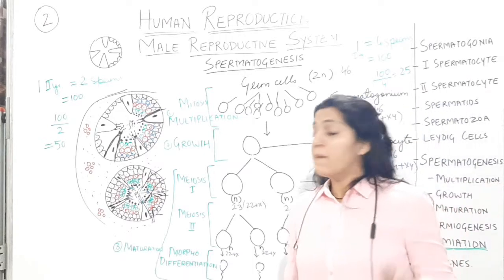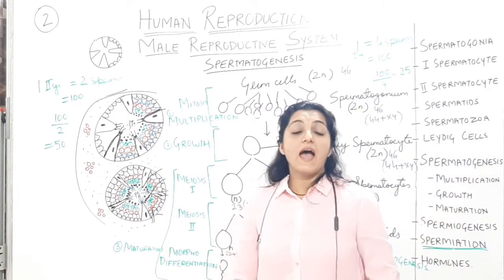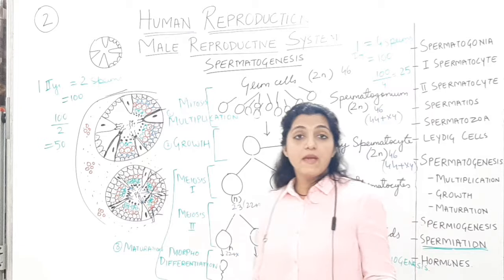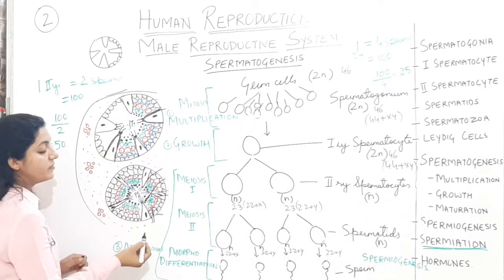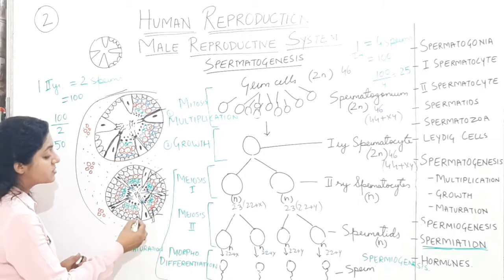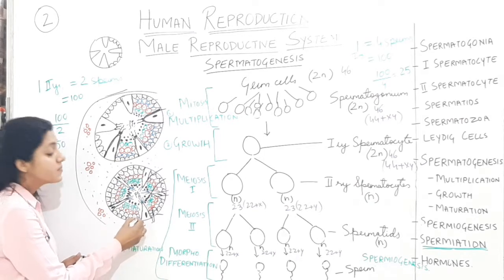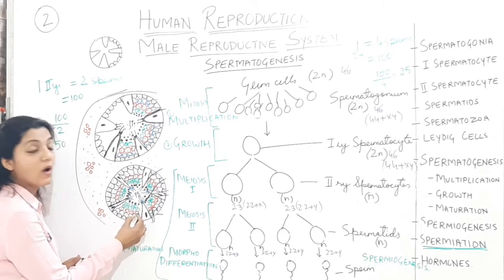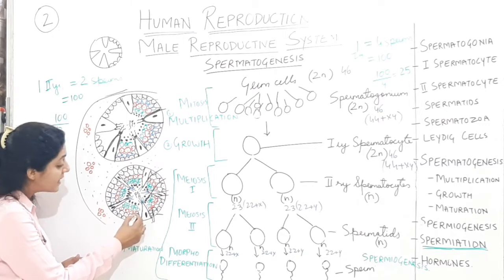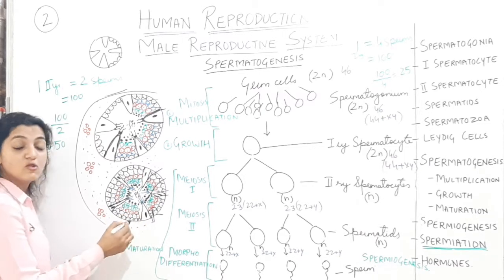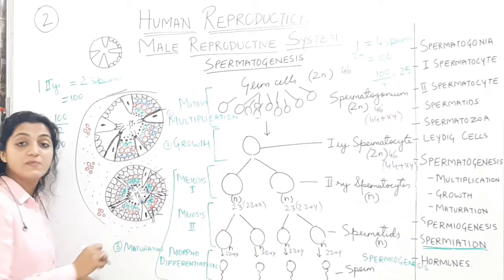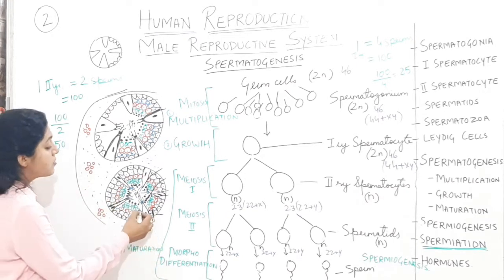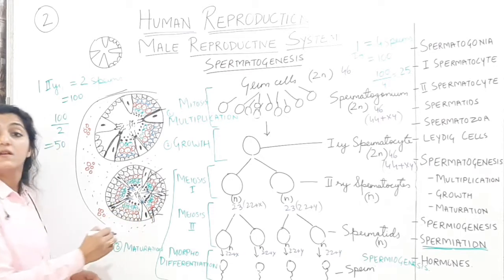So अब देखो इस diagram को. And let me tell you, if these are the primary germ cells, ये differentiate होंगे into spermatogonium. Spermatogonium grow होगा, we call it the primary spermatocyte. Primary spermatocyte is going to undergo meiotic division, we call them the secondary spermatocytes. फिर से division होगा, we call them the spermatids.